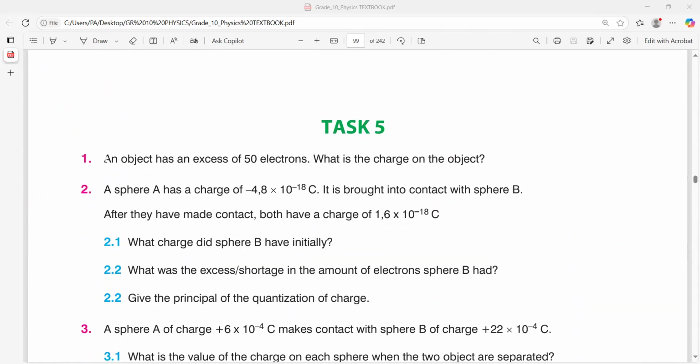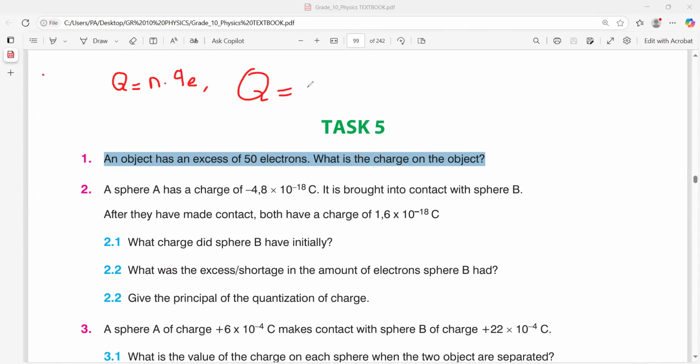See, an object has an excess of 50 electrons. What is the charge on the object? Okay, let's try to see all types of questions quickly. So now you know the number of electrons. What are you going to do for this question? Q is equal to N times QE. And let's write bigger.